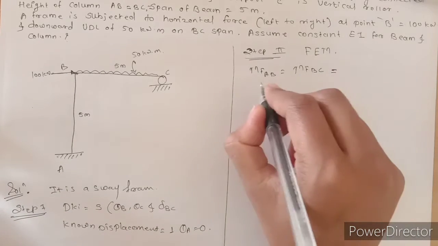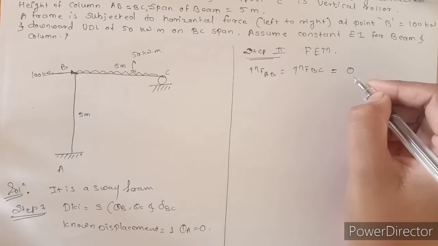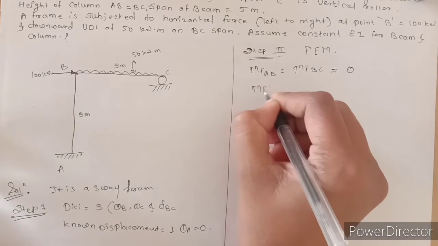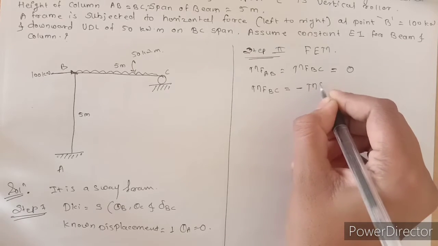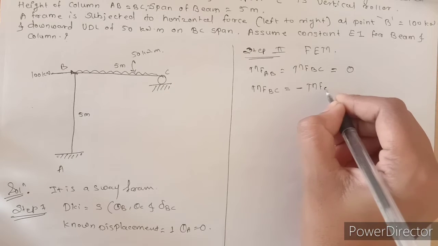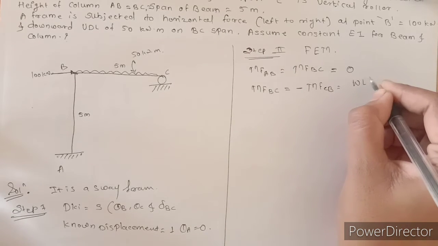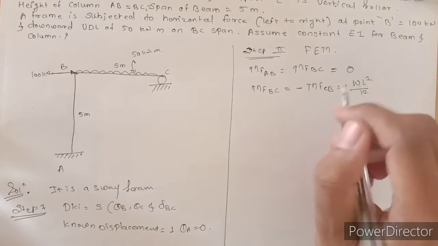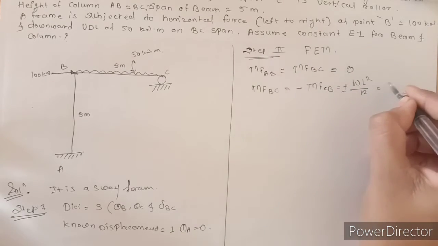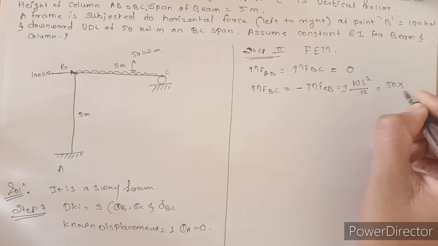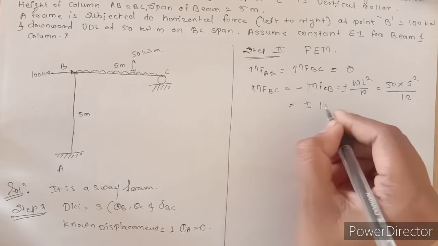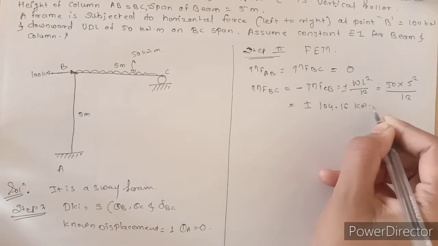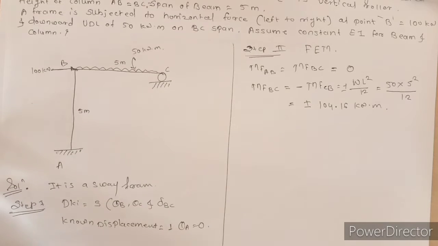Next, fixed end moment for member BC is equal to minus fixed end moment for member CB. The formula is plus or minus WL square divided by 12, where W is 50 kilonewton per meter multiplied by length 5 meter, divided by 12. So the answer is plus or minus 104.16 kilonewton meter. These are our fixed end moments.